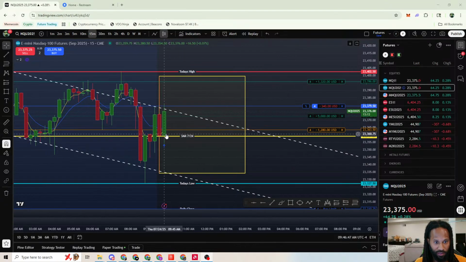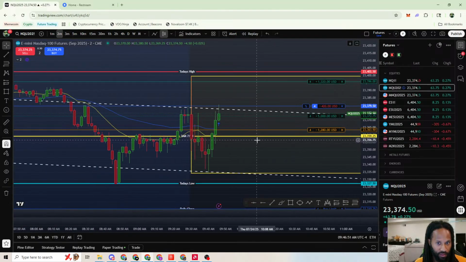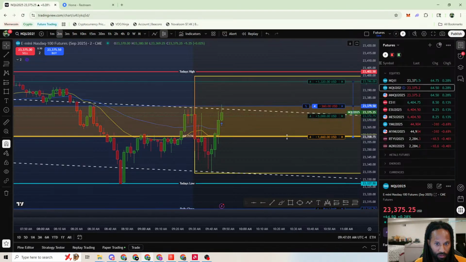Just respecting it's 3 a.m. Respected at 3 a.m. Let's see what it does. It tapped this area. It might retrace a little bit down. Might retrace a little. Where's my 1320 at?